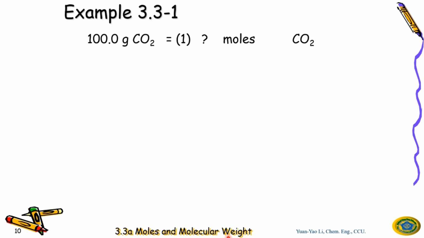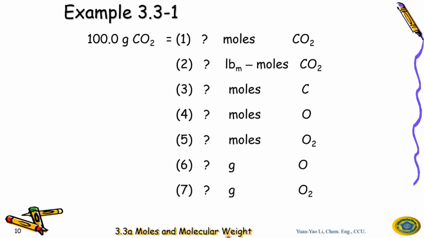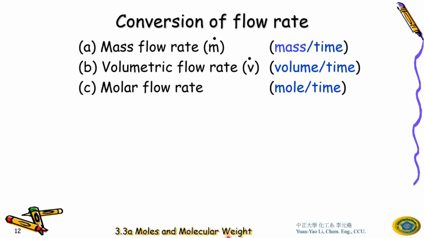So what's the conversion factor here? The conversion factor is molecular weight, right? Molecular weight. So you can do different conversions using dimensional equations and conversion factors. Okay, so we skip this quickly.